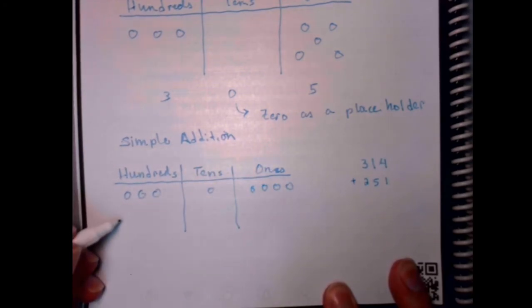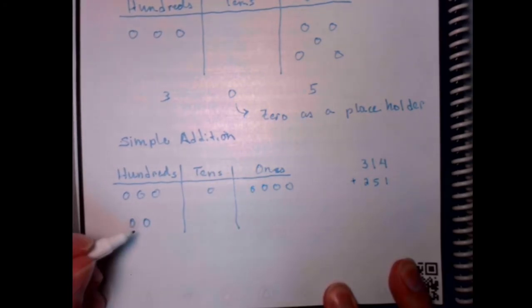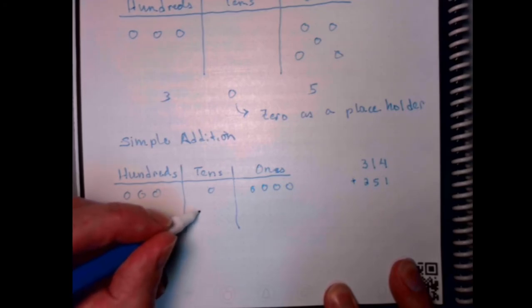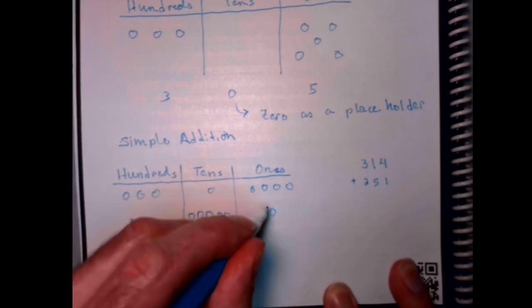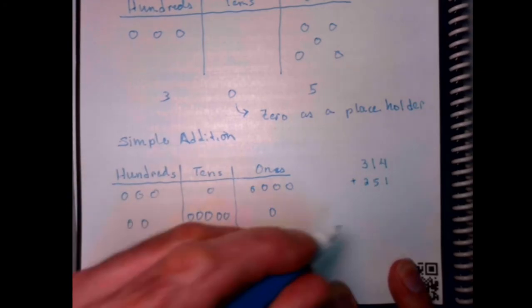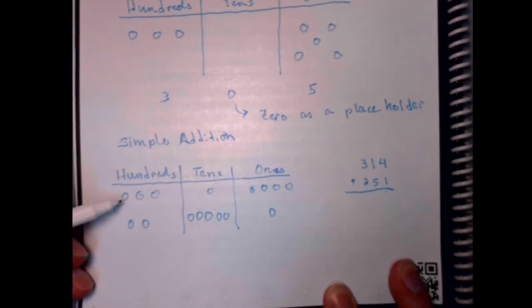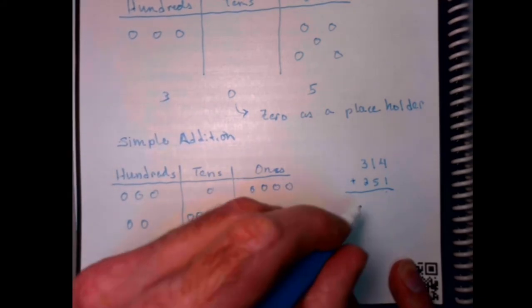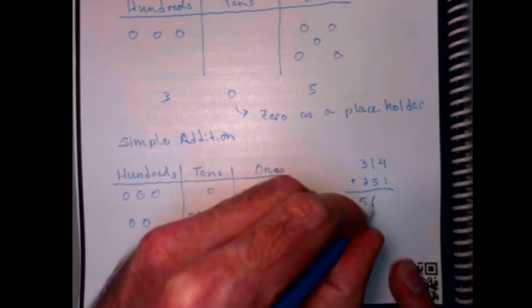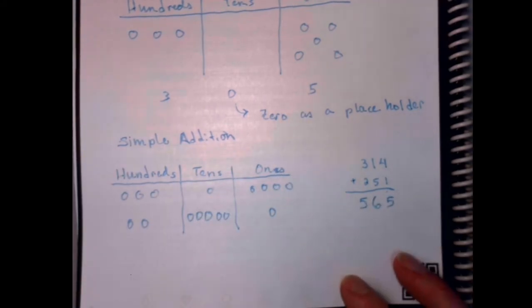That's 314 right up there. Then 251: 2 hundreds, 5 tens, 1, 2, 3, 4, 5, and then finally 1 here. So we can see what we've got: 565.